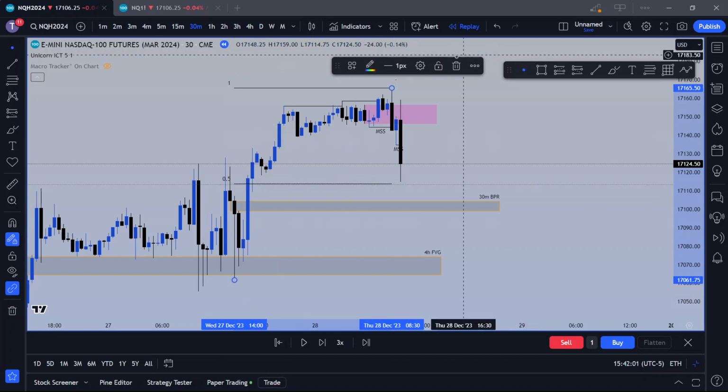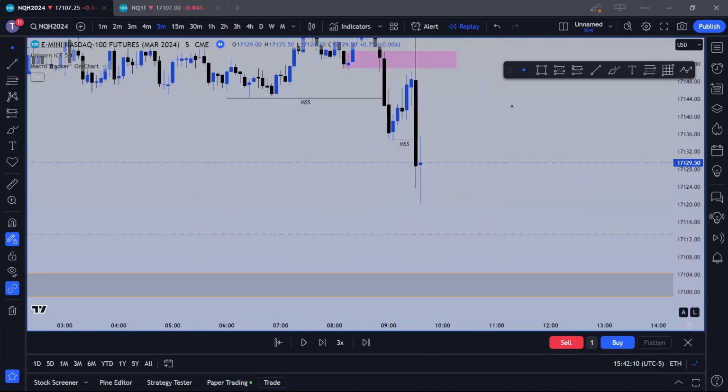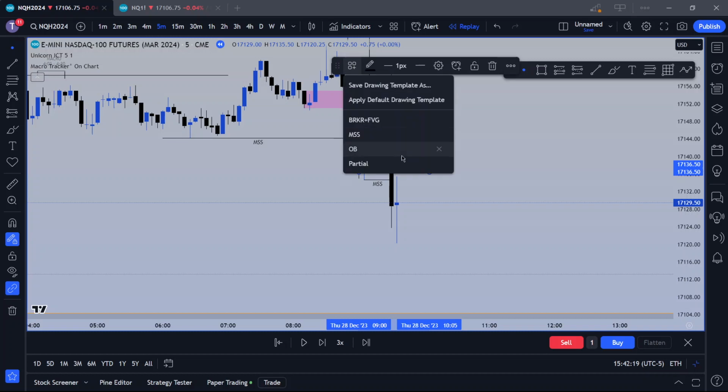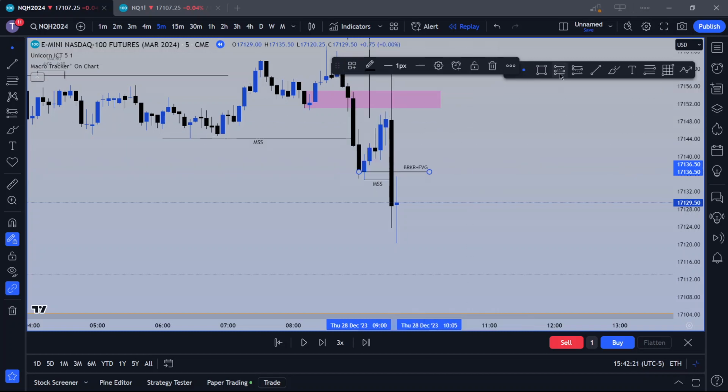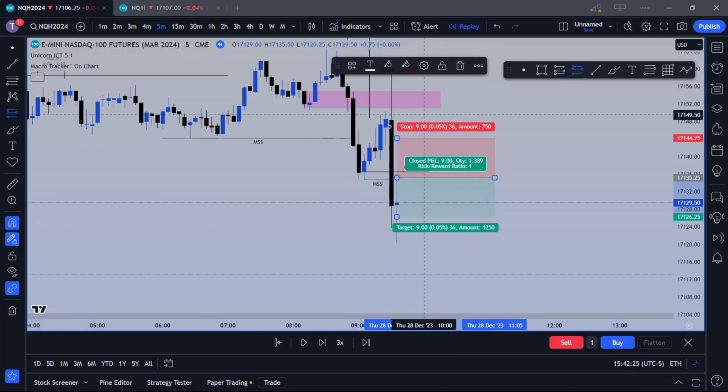So market is shifting down, and I am looking to take a short out of this 5-minute fair value gap, and there is a breaker in line as well. So now we have a breaker and a fair value gap in line, which is what I like to take my shorts out of, or my longs as well.